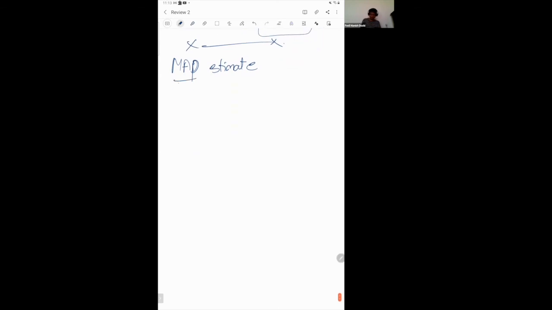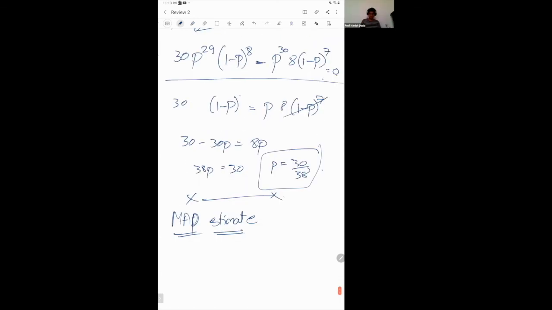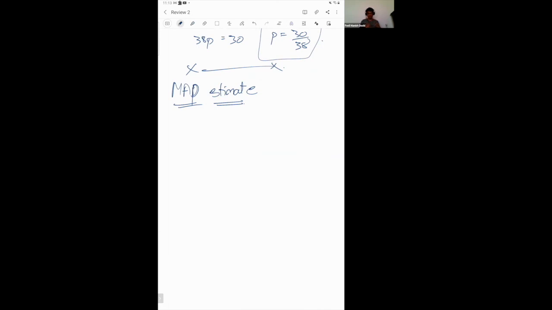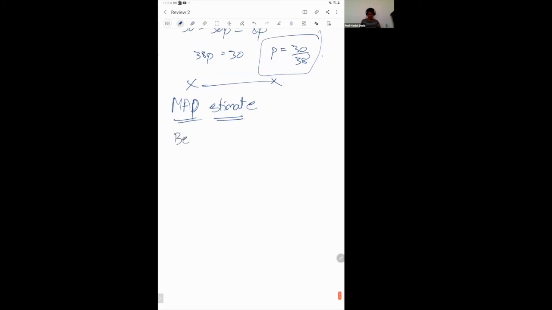But for the MAP estimate, we would need to define a prior on this Bernoulli distribution, and in order to make that a conjugate, what we would use is, so these priors, each distribution has a corresponding prior, and you can prove it on your own, but the beta distribution is the prior to Bernoulli.